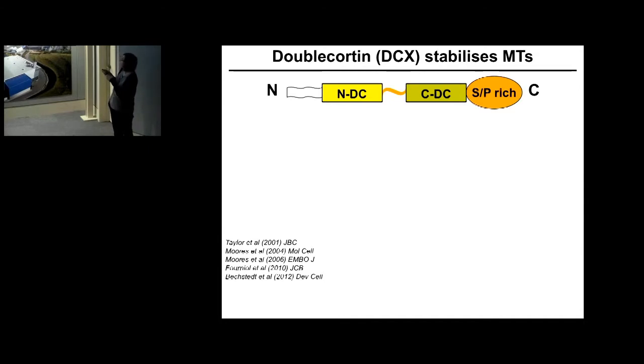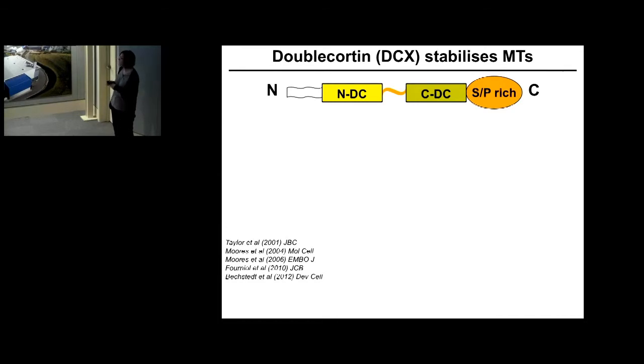In particular, these repeats of the so-called DC domains have been shown to be very important in binding to microtubules, and in particular, lissencephaly-causing point mutations cluster within these two domains.